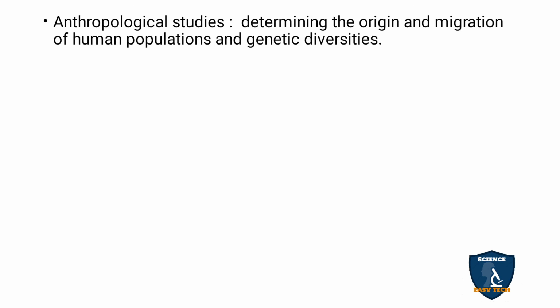Anthropological studies: determining the origin and migration of human populations and genetic diversity. Once upon a time, humans lived in forests and caves, and they migrated for food, shelter and safety. When they were nomads, in a hominid-like condition, they traveled from one place to another where they could get sufficient food, shelter and safety.